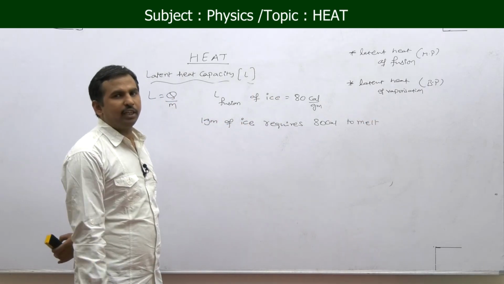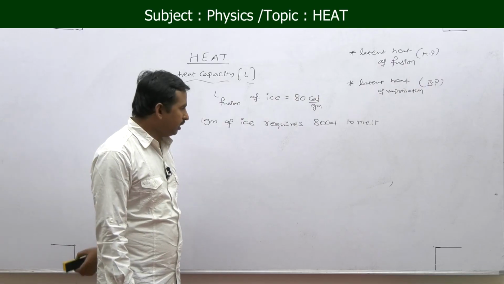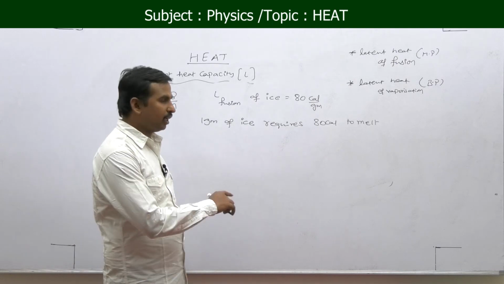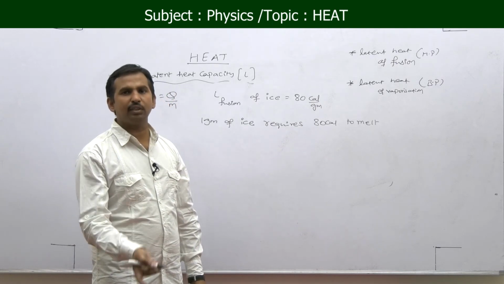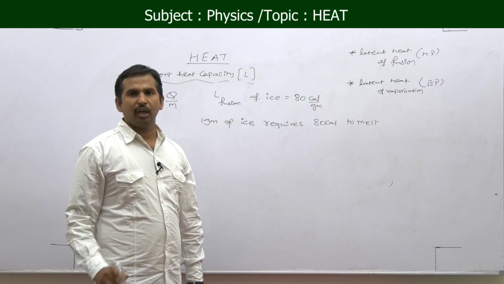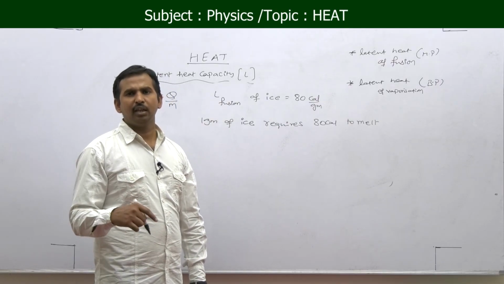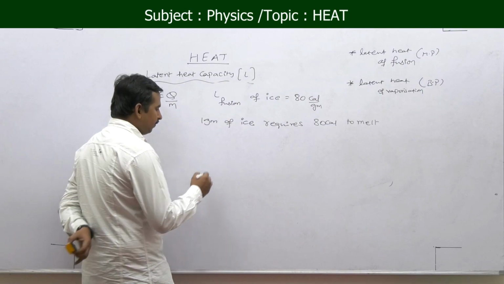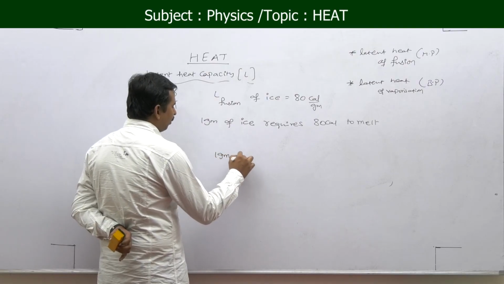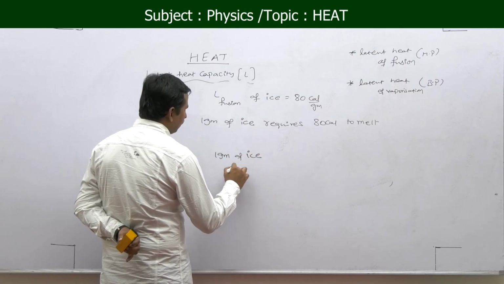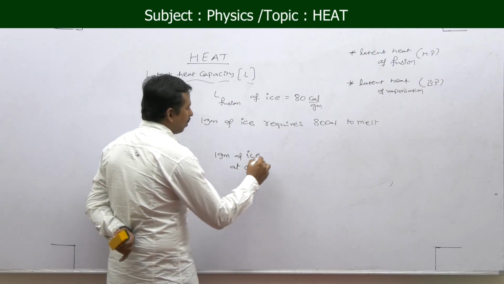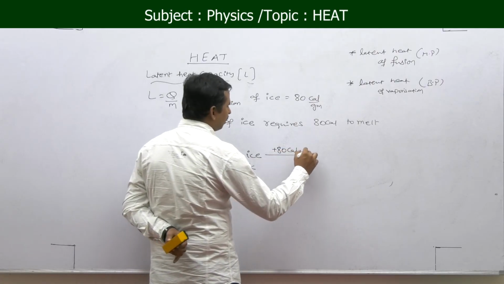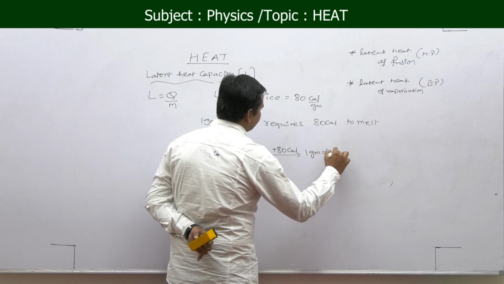This melting takes place only at 0 degrees Celsius. If I take ice at 0 degrees Celsius, it requires 80 calories to convert into water, and that water is also at 0 degrees Celsius. So if you take 1 gram of ice at 0 degrees Celsius and supply 80 calories of heat, it becomes 1 gram of water.